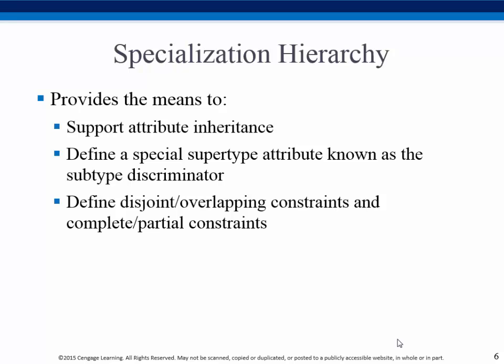Okay, it provides the means to support attribute inheritance. Let's talk about what inheritance is. The property of inheritance enables an entity subtype to inherit the attributes and relationships of the supertype. So all children of the parent can inherit from the parent. So your employee is your parent, and pilot, mechanic, and accountant are all children.